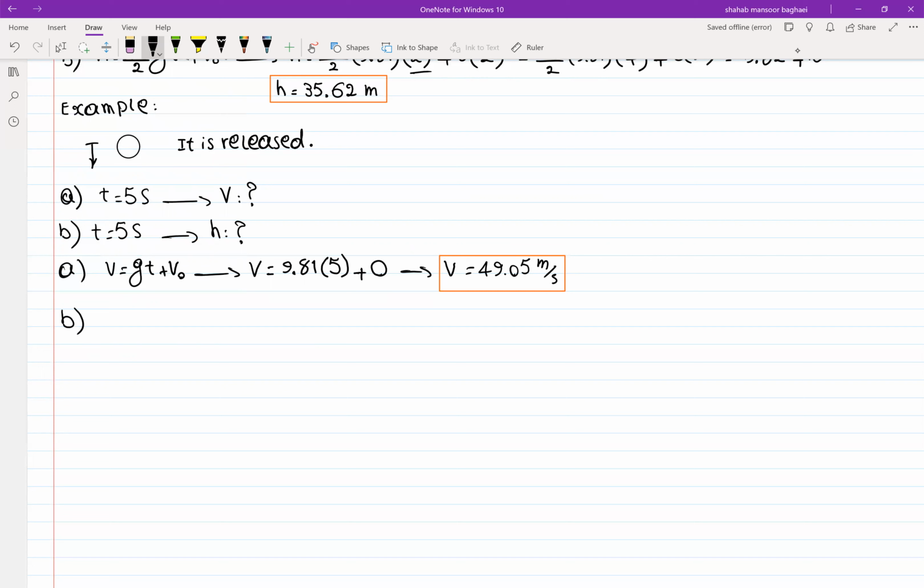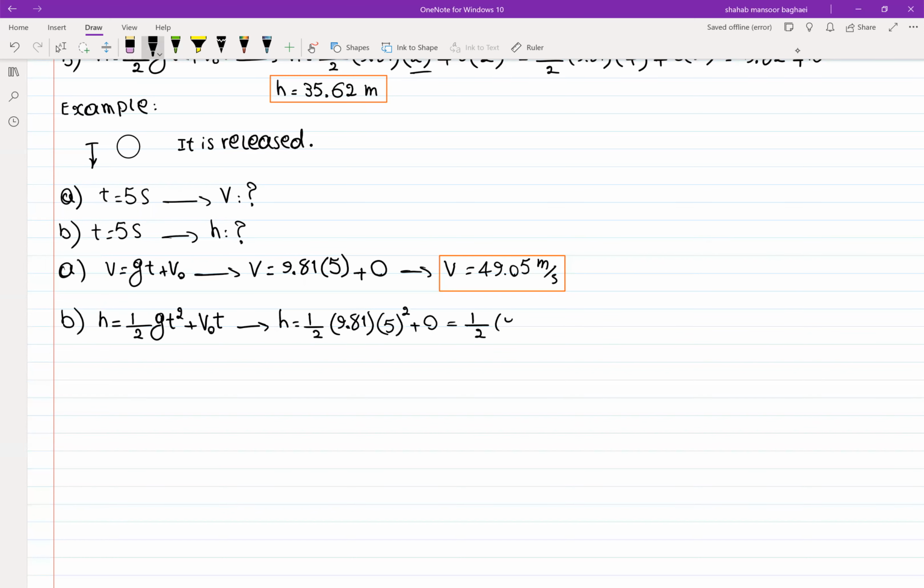Part B, what is height? If you have a time value, therefore apply the height equation of half gt square plus v0t. Therefore, h is half times 9.81. T value, it is 5 seconds square. You know v0 is 0, therefore the second part is 0.